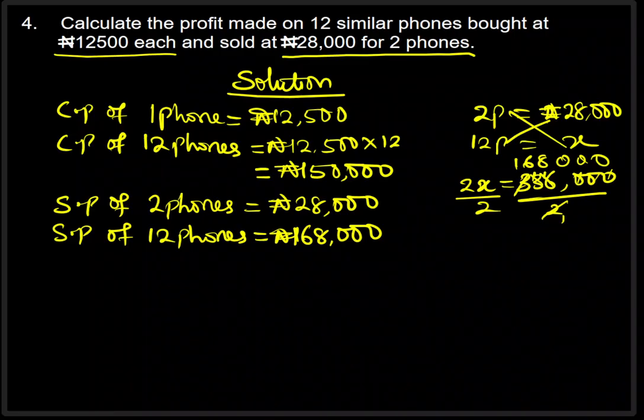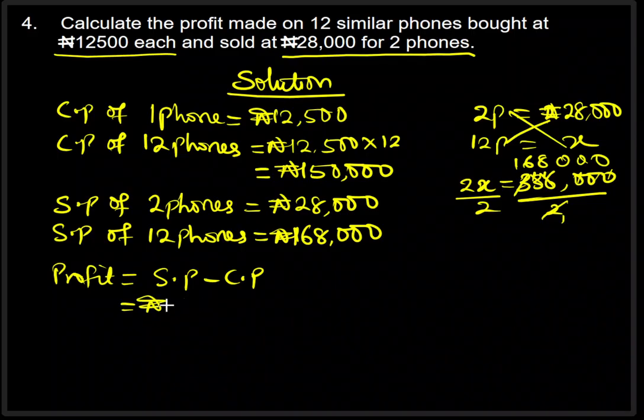So can we now proceed to check if we have the profit or loss? Of course, the question was talking about profit, so that means the selling price will be bigger than the cost price. So let's find our profit. Our profit is equal to the selling price minus the cost price, and that will give us the selling price, which is 168,000 naira, minus the cost price, which is 150,000 naira.